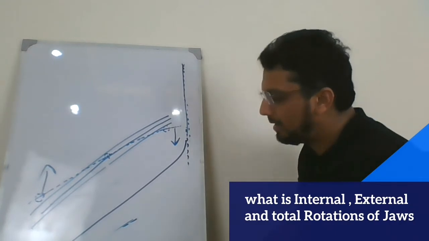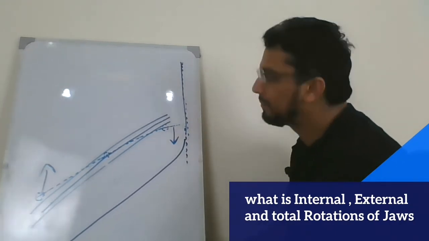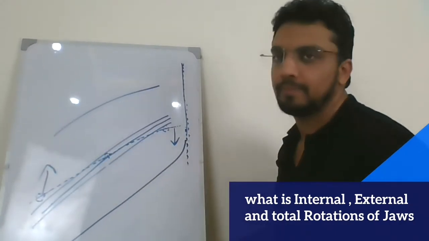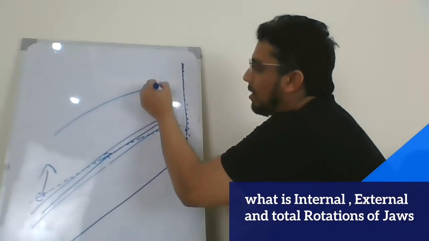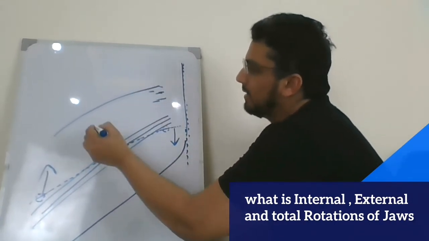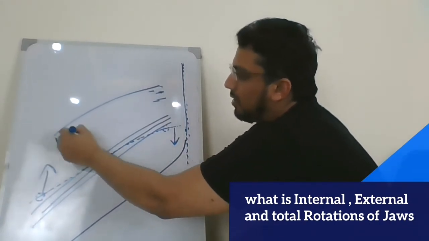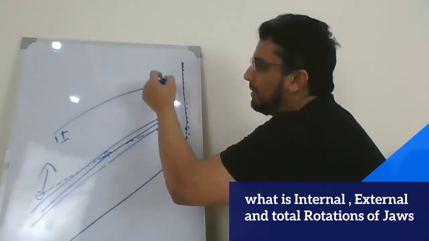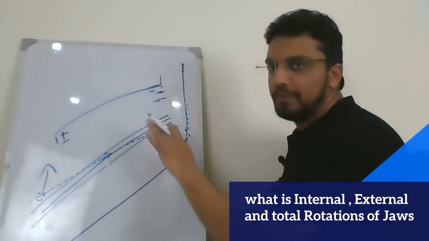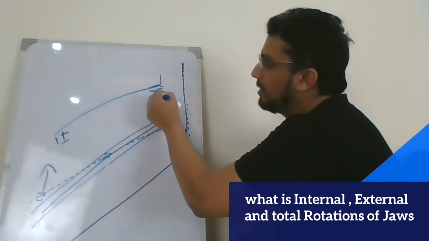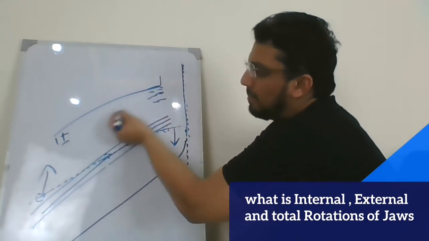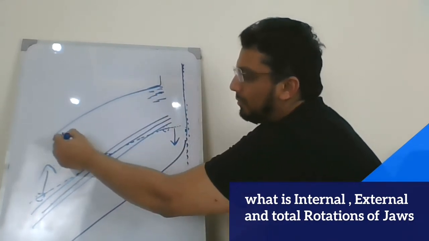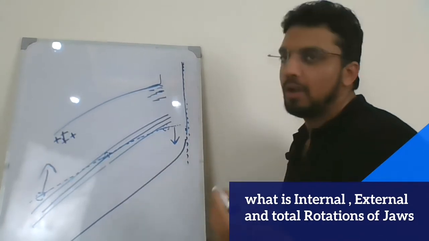For example, initially if the bone is like this and you had the resorption on this area and deposition on, for example, if this is the mandibular plane, and you have the resorption on this border of the mandible and deposition on this area of the mandible, what would happen?